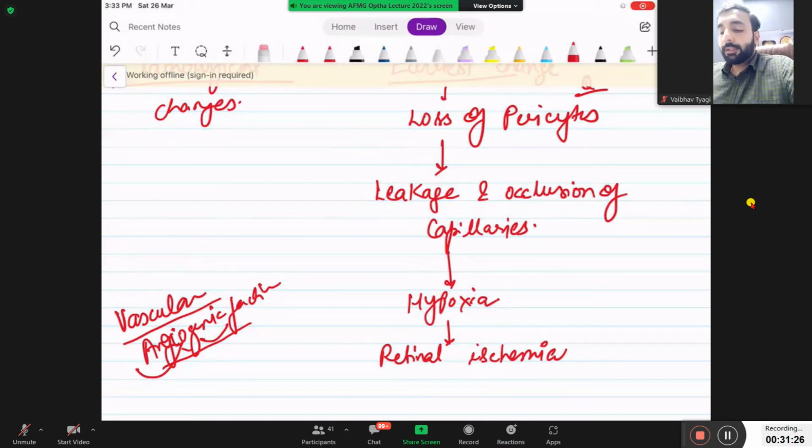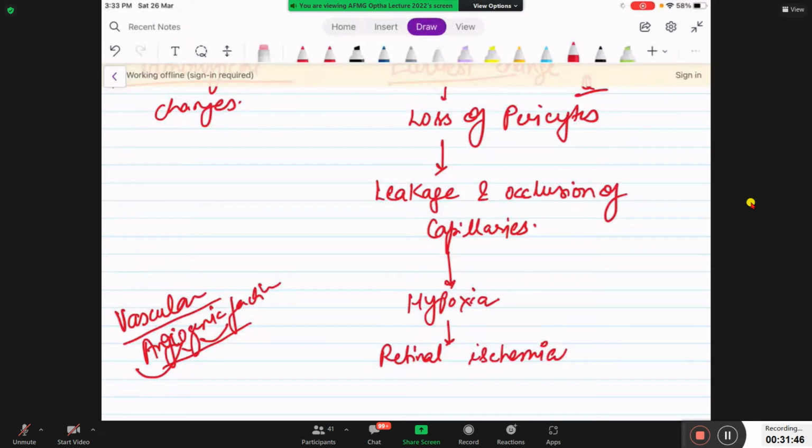Right? But the problem with these new vessels is that they are very fragile. Yes, endothelial growth factors. But the problem with these blood vessels is that they are very fragile, meaning they tend to bleed very easily.